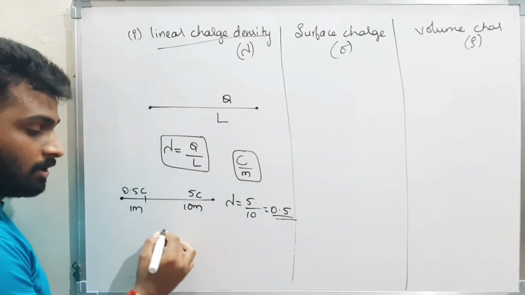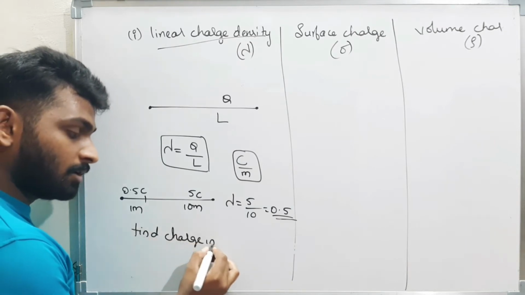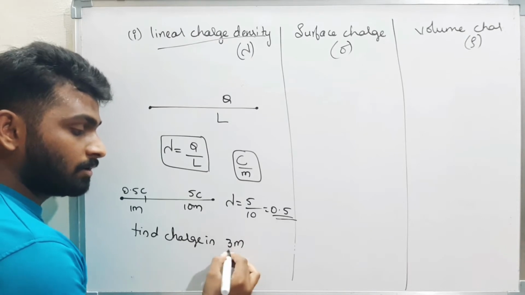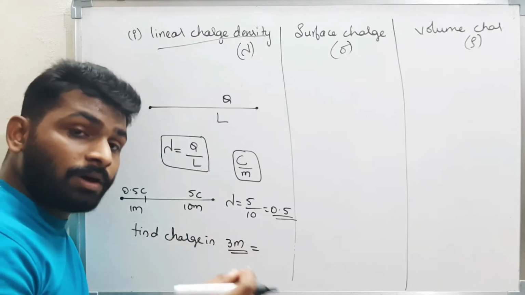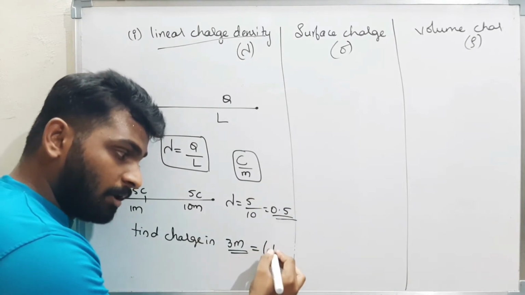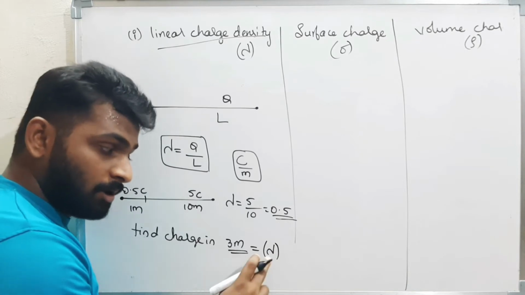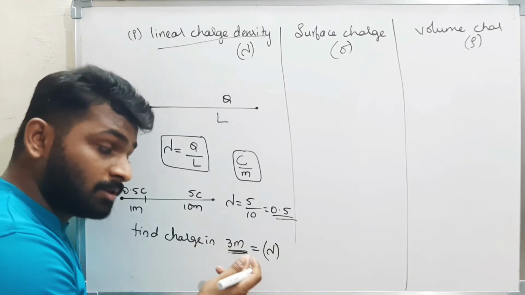Now they told to find the charge in a 3 meter wire. If they ask for the charge present in a particular length, simply multiply lambda with the length they give, 3 meters.